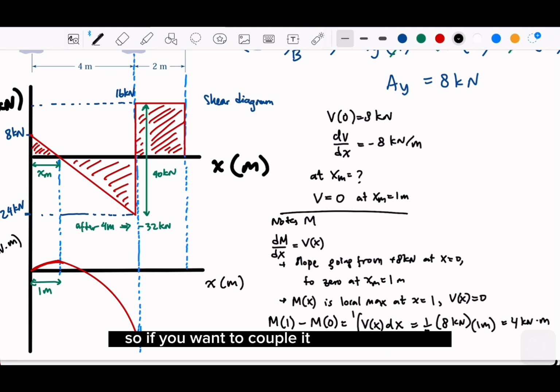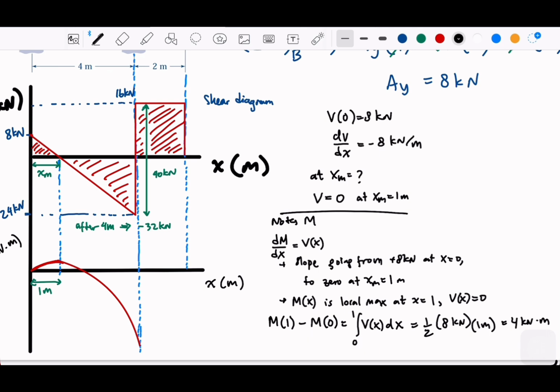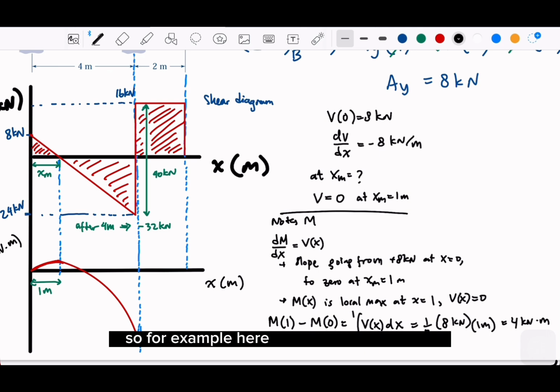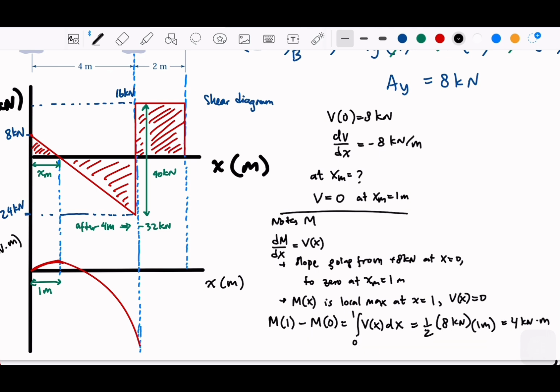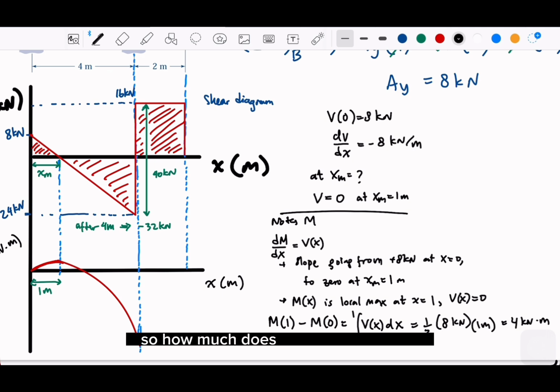So if you want to calculate how much this is, we can take this triangle. For example, here we have this part, right? So how much is the value for this M? M is the integration of V. So the integration of V is the area under the curve here. So this area, right? Okay. I think you can think like that.